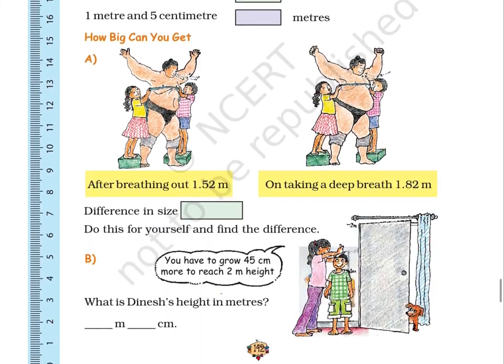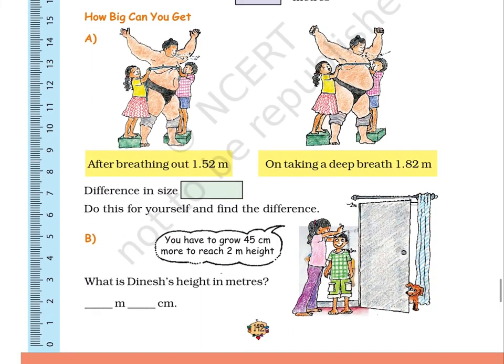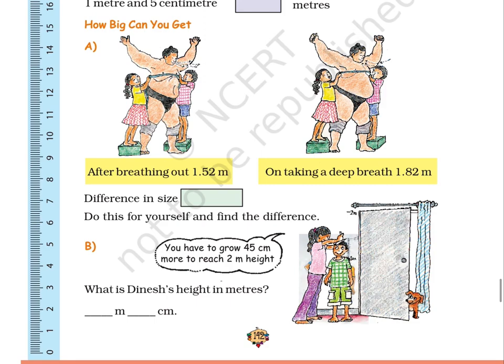How big can you get? We have 2 pictures of sumo wrestlers with some kids. Picture A shows the kids are measuring the sumo wrestler. The first picture shows the size after breathing out, 1.52 meters.